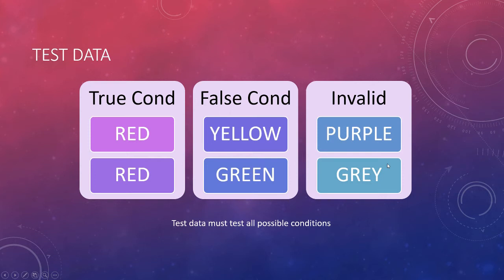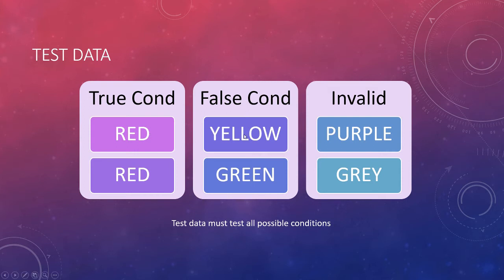Now, when we're working with conditional expressions, we want to make sure that we properly test our programs. So we want to use all the different test data that makes sure and tests out all of our different possible conditions. For example, in our little program, we'd want to test with red to make sure that we got a true.